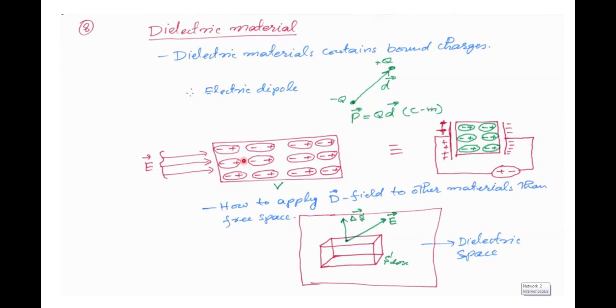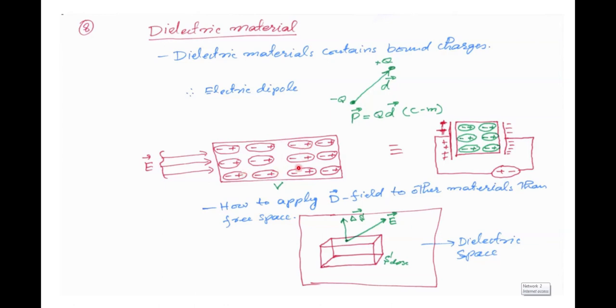When a sample of dielectric material is placed in an electrostatic field, as shown on the left side or on the right side, all the dipoles are aligned in the direction of the applied electric field. The cumulative response of the dipoles inside the dielectric material per unit volume represents the polarization.